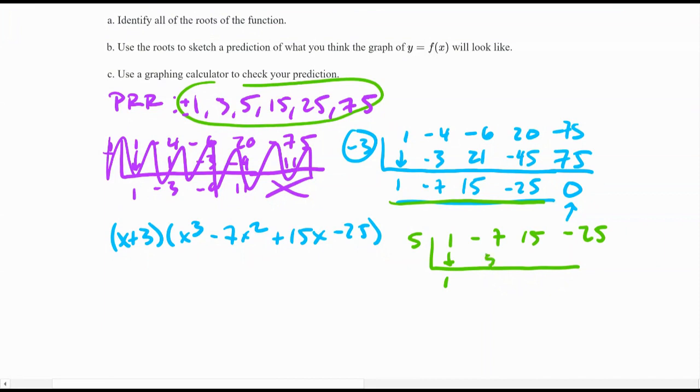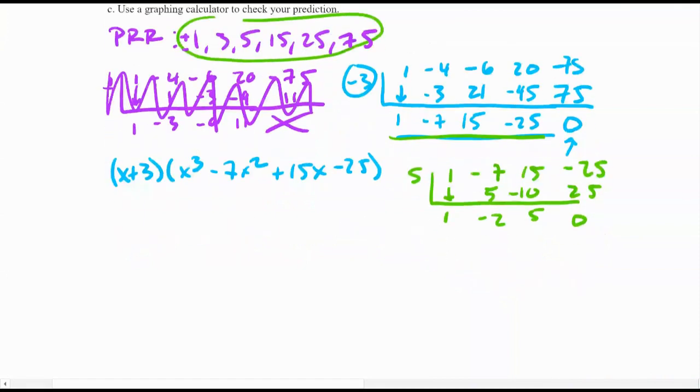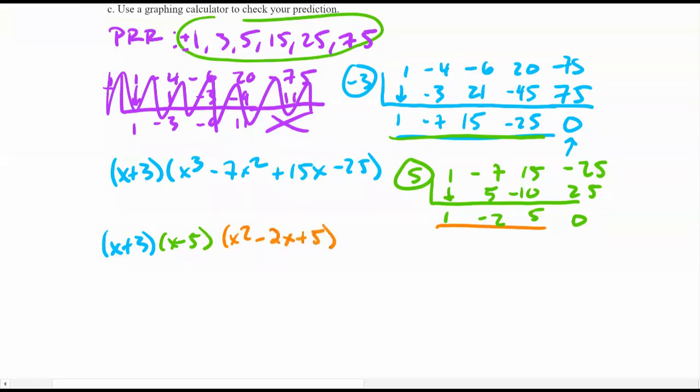Bring down the 1, multiply, add, multiply, add, and multiply, and we get 0 again. So now I can factor out x minus 5, because it's the opposite of that number, in addition to the x plus 3 from the first one. And then I am left with x squared minus 2x plus 5.